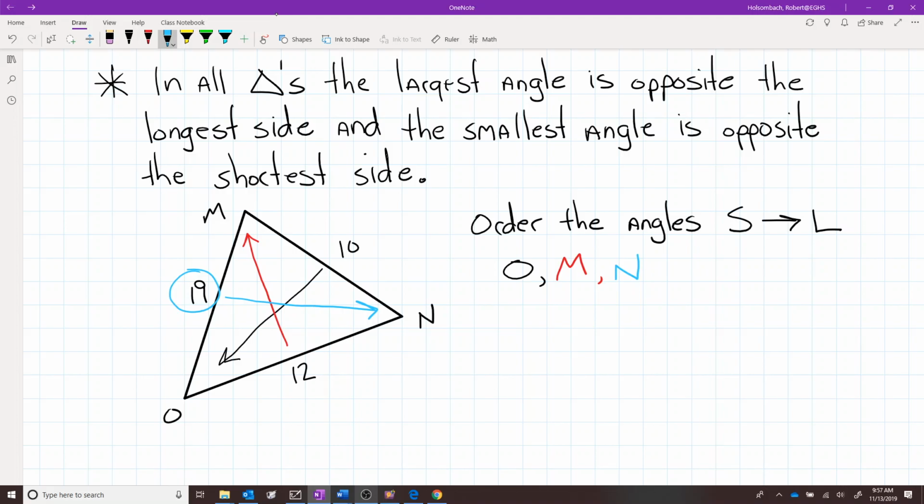Okay. Any questions on any of that? So based on some given information today, you're going to be able to determine the order of side lengths based on angle measures, and vice versa. You'll be able to determine angle measures based on side lengths.